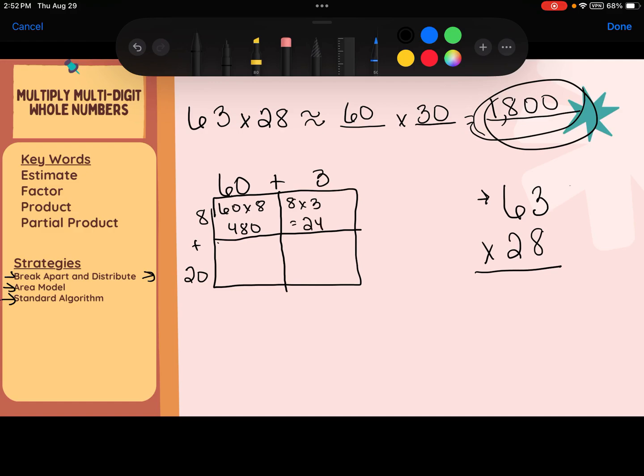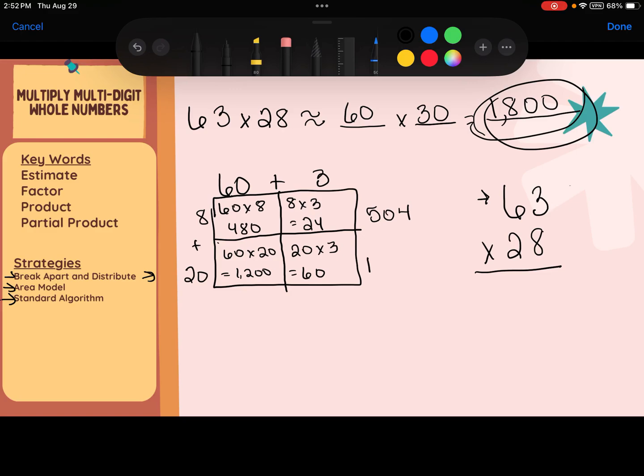Now from here, I have the students add going across. So 480 plus 24 is going to be 504. And 1,200 plus 60 is going to be 1,260. And after adding them together, we should see that the final product is 1,764.